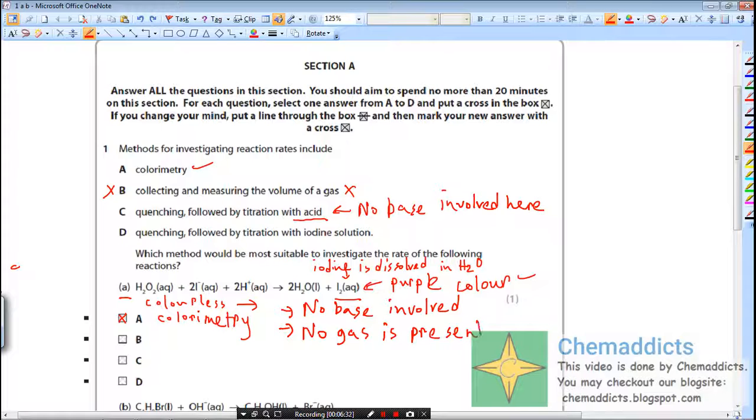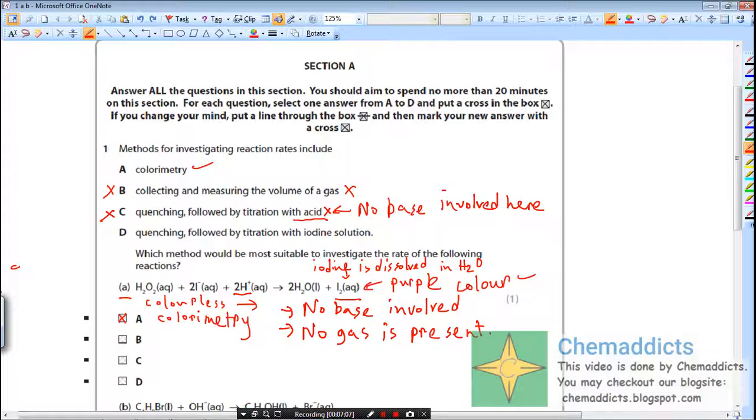We can't investigate rate by using method B. And why can't we use method C? Since no base is involved and only hydrogen ion is present, it is worthless to titrate with acid. So that is why option C is incorrect for this particular reaction.